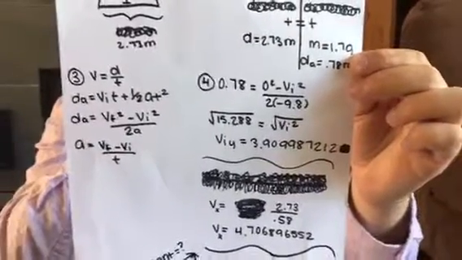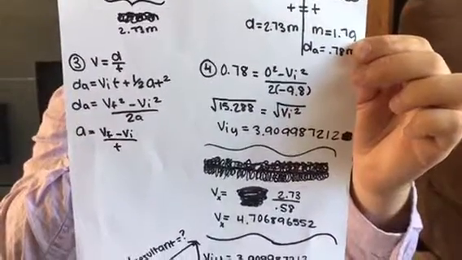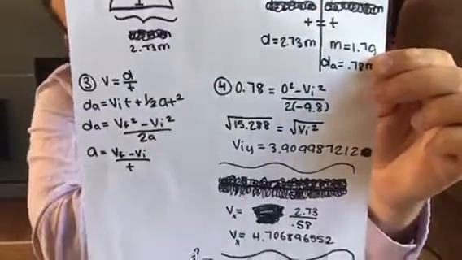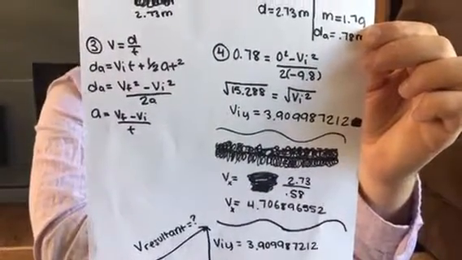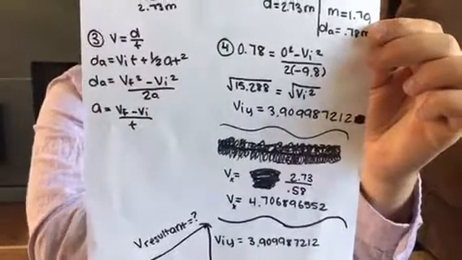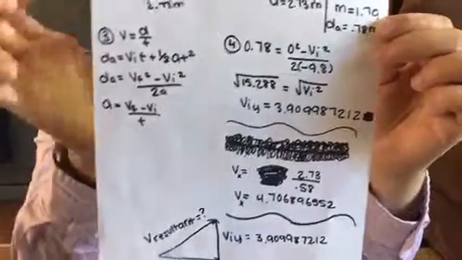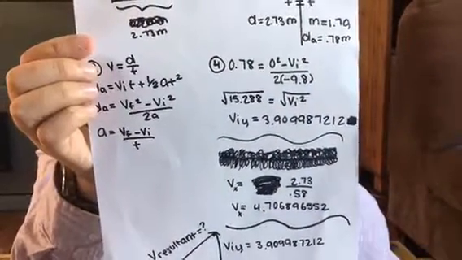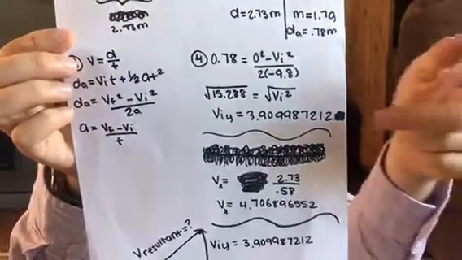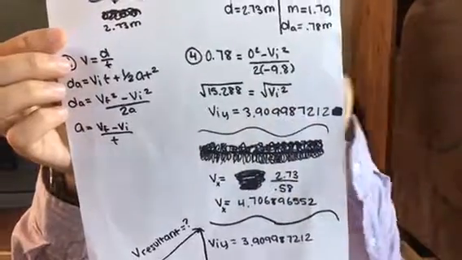We knew the distance due to acceleration was 0.78 meters, the final velocity was 0 meters per second, and that the acceleration due to gravity was negative 9.8 meters per second squared. We then did the calculations to find that the initial vertical velocity was 3.9 meters per second.